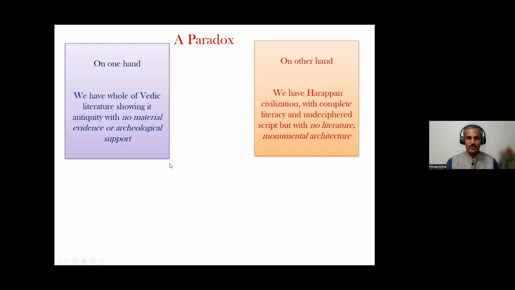So on one hand, we have the whole of Vedic literature without any material evidence or archaeological support. We have thousands of literature with no material evidence. On the other hand, we have the Harappan civilization, which was found in 1920, with an undeciphered script and material evidence.